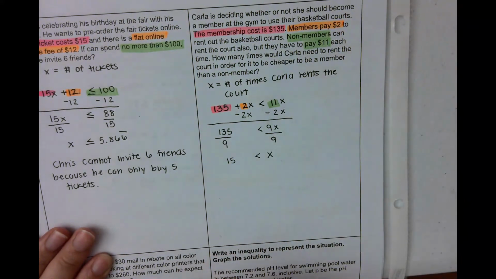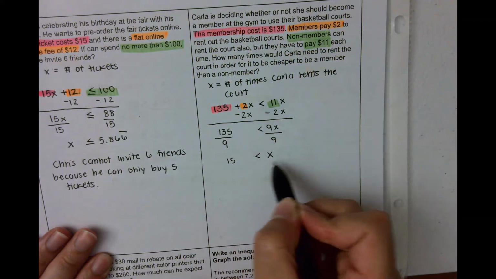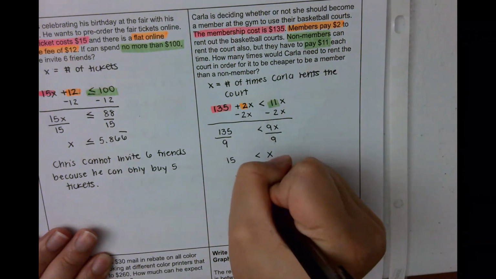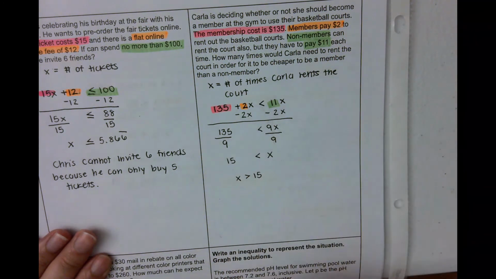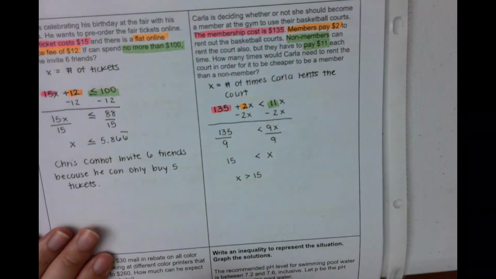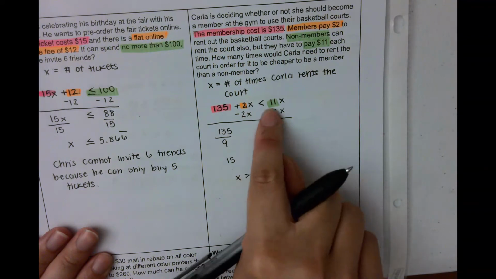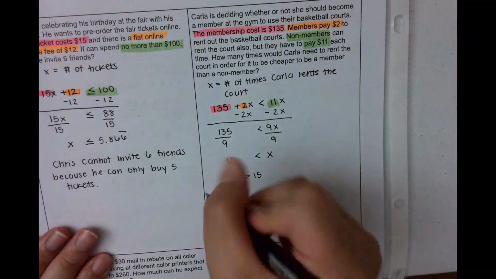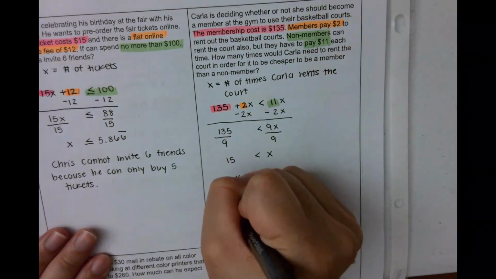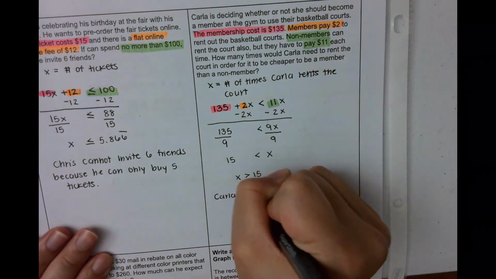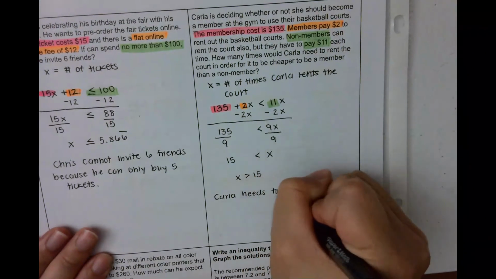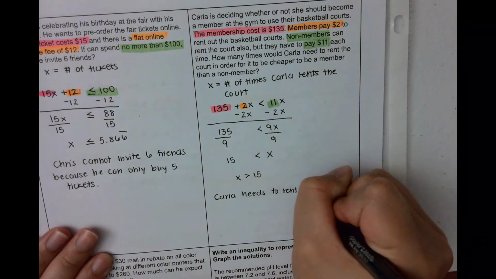Okay. Another way to say it, if 15 is less than x, x is greater than 15. Okay. And what this tells us is that if she wants the membership cost to be less than the non-membership cost, Carla needs to rent more than 15 times. Okay.